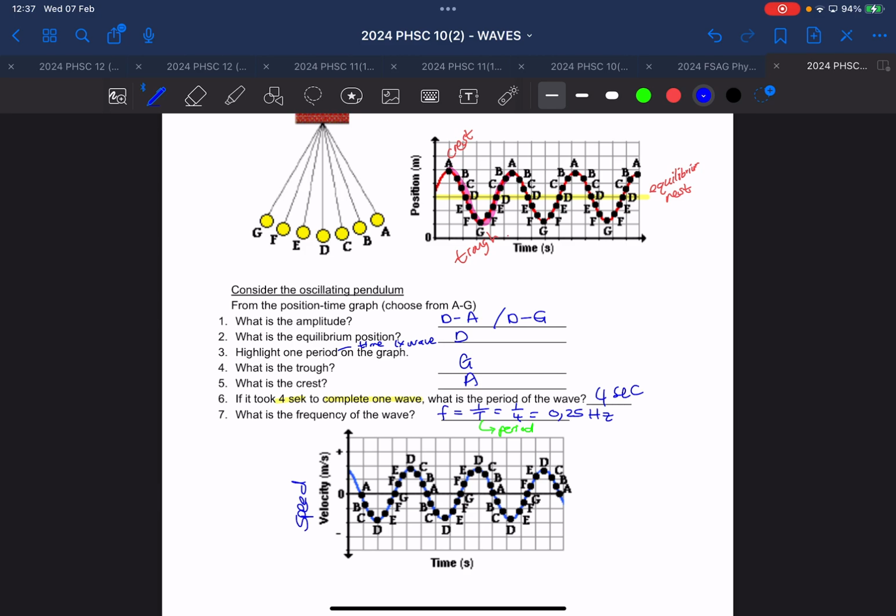Because here it's slow, goes faster, faster, fastest, then slow, slowest. So at A, the velocity is 0. We said at D, it moves the fastest, so at D it is the highest value, either positive or negative, depending on the direction it's going.